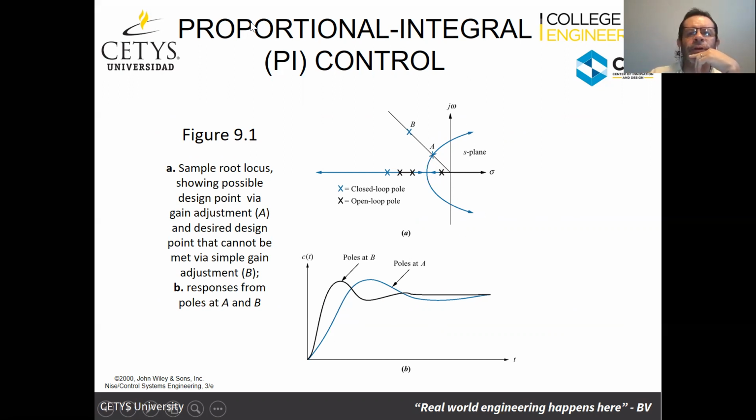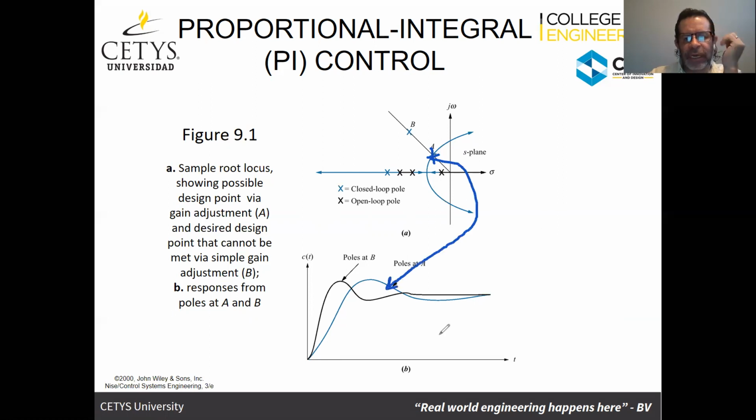So let's say we're using the root locus and say, I want an overshoot that's less than a certain percentage, and I find a value here for that. The blue line here is the response for this value, and I've got a certain error here.